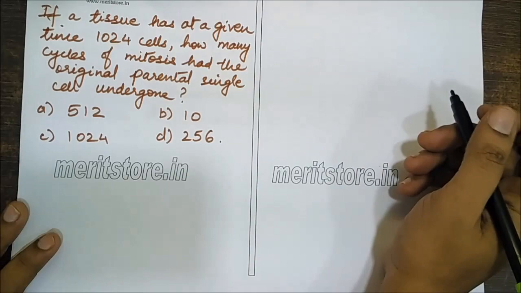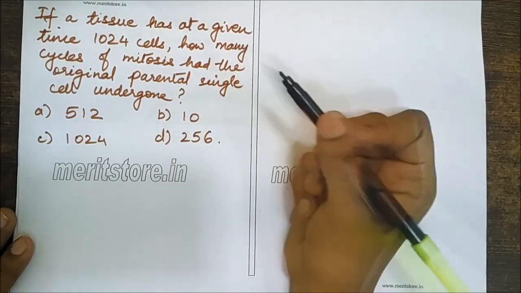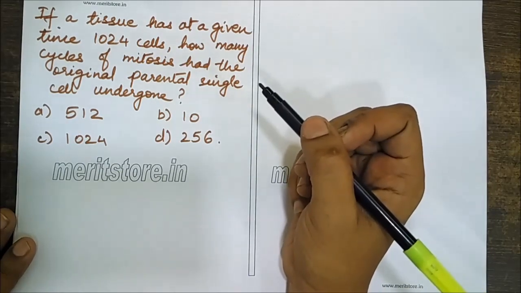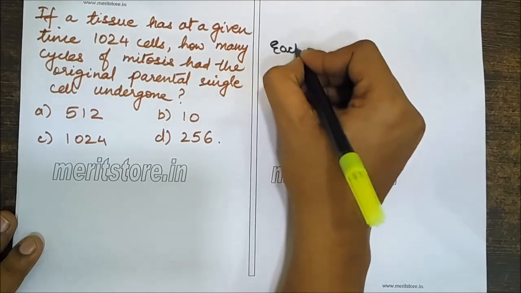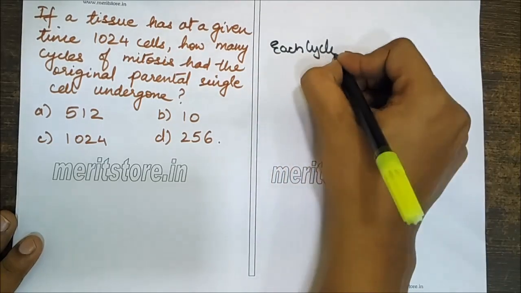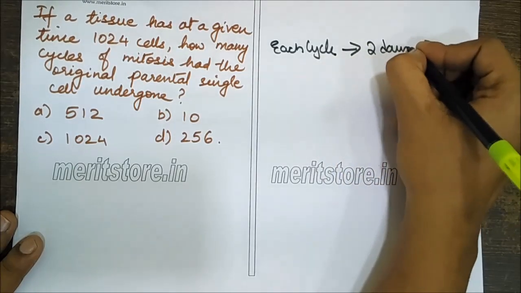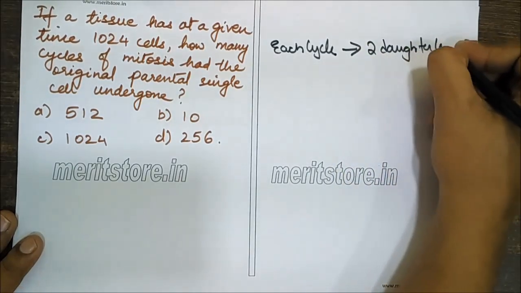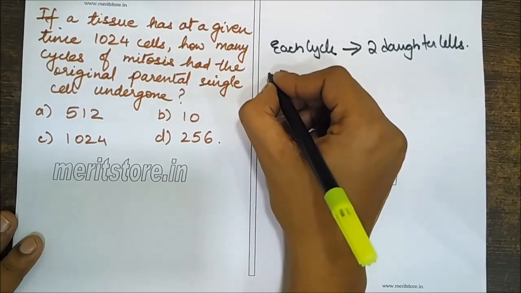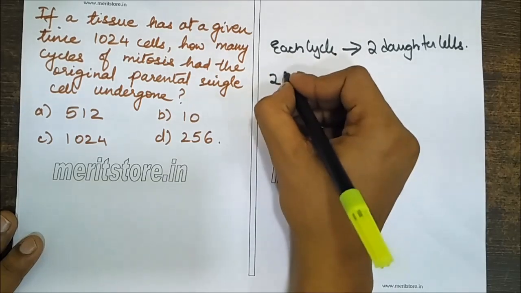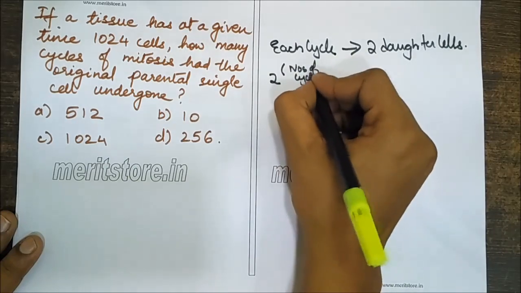Alright, so if a tissue has at a given time 1024 cells, how many cycles of mitosis had the original parent single cell undergone? Now remember, during each cycle of mitosis there are two daughter cells produced. So the formula is 2 raised to the number of cycles.